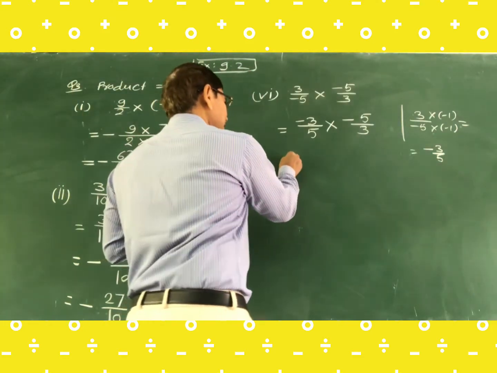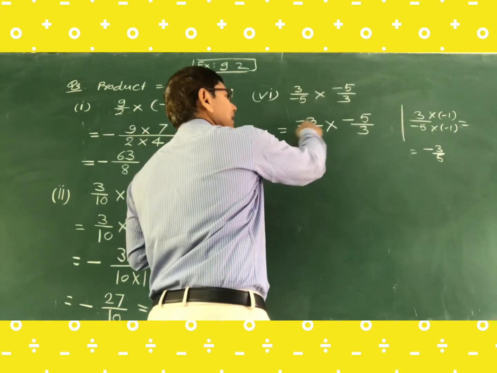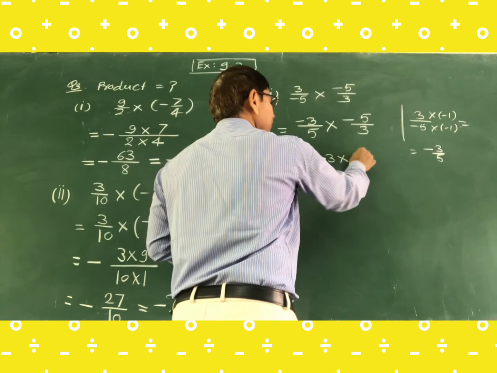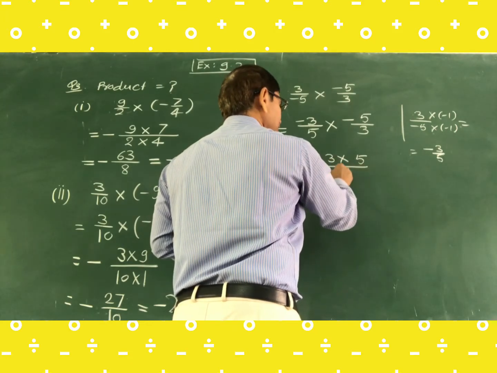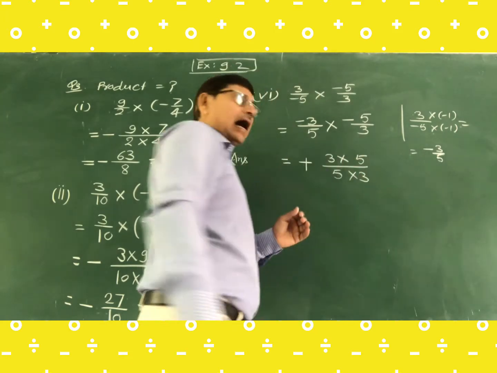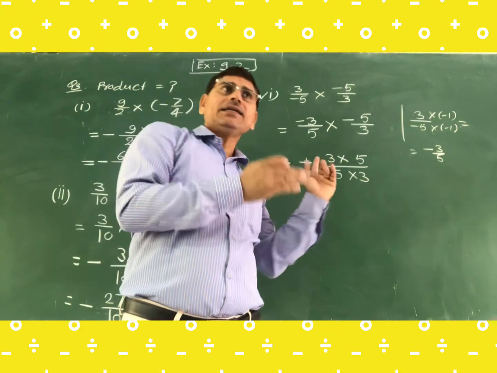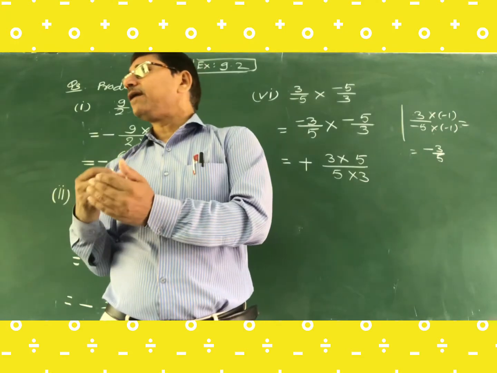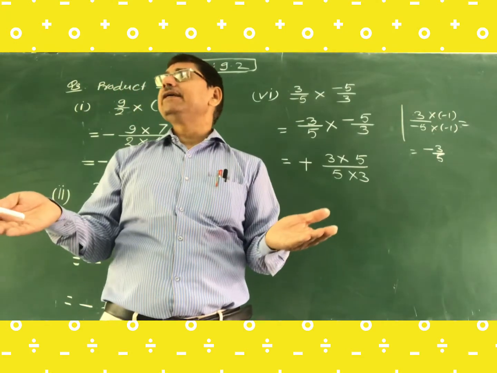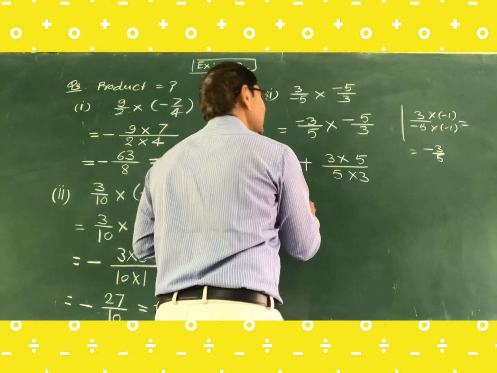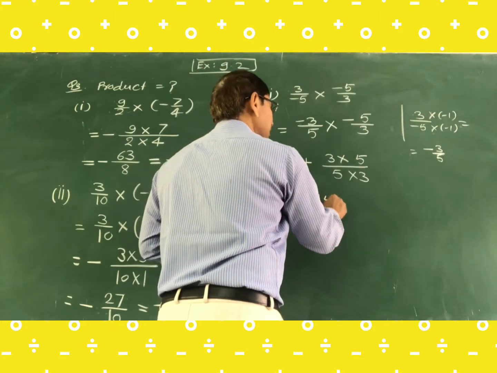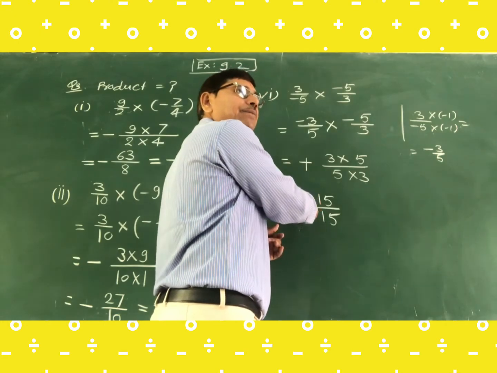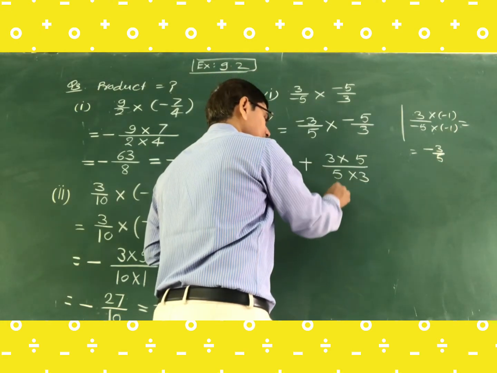So you will write minus and minus, that is plus, and then 3 into 5 and 5 into 3. Now dear, you can either cancel one by one, or multiply both and then cancel. So here 3 fives are 15, and 5 threes are 15, and 15 ones are 15. It is cancelled out.